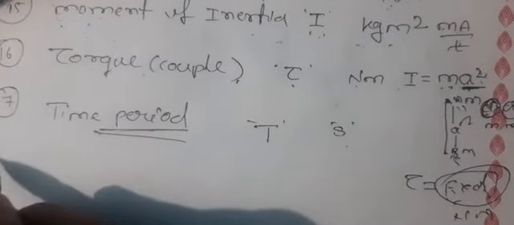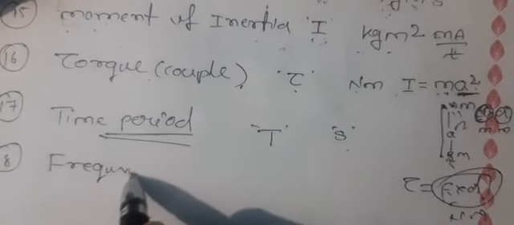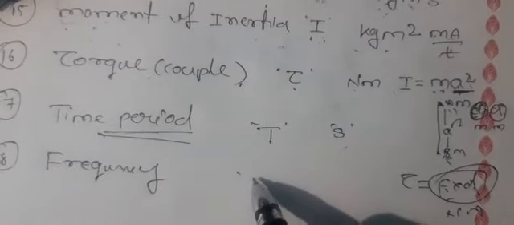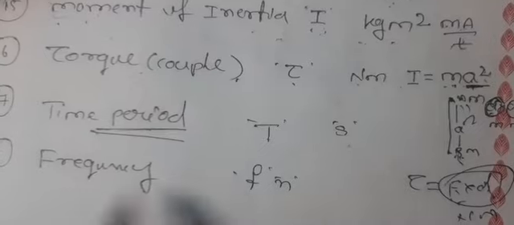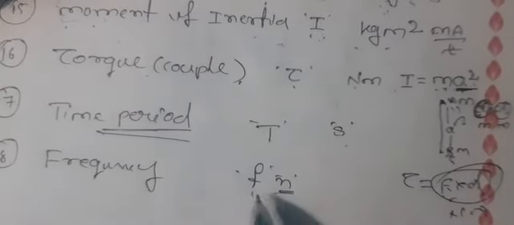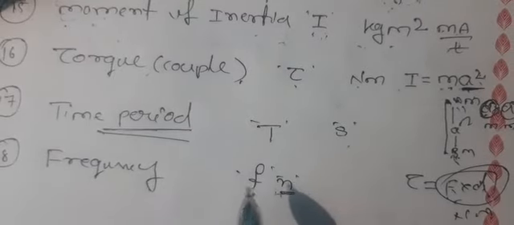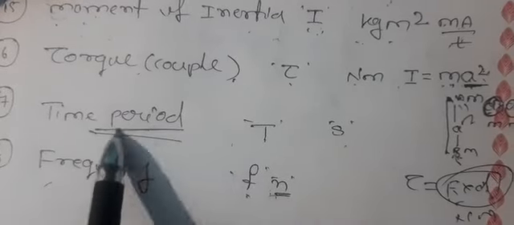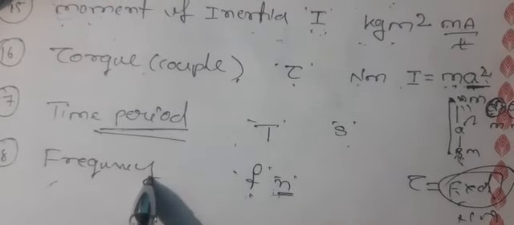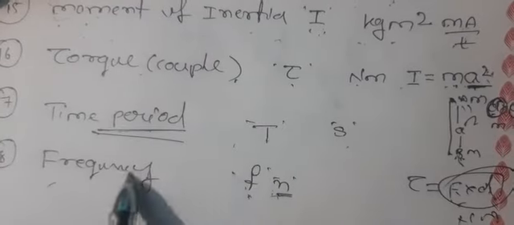Next, the 18th one is frequency. It is represented by the symbol F or small n. Some textbooks denote frequency by small n, some by F. Frequency means the number of cycles, vibrations or oscillations made in 1 second.